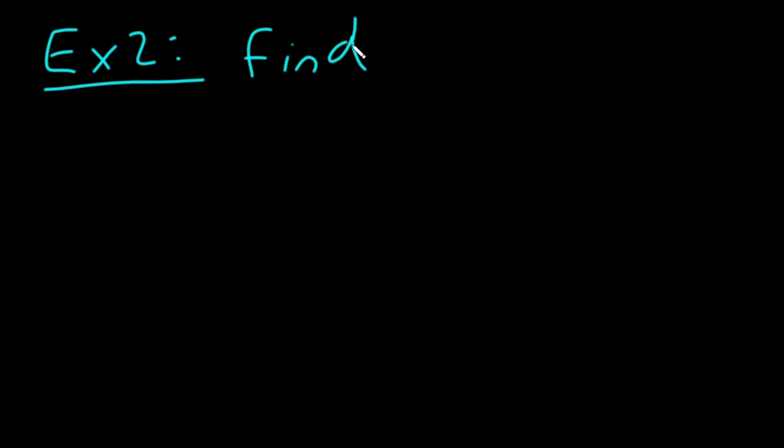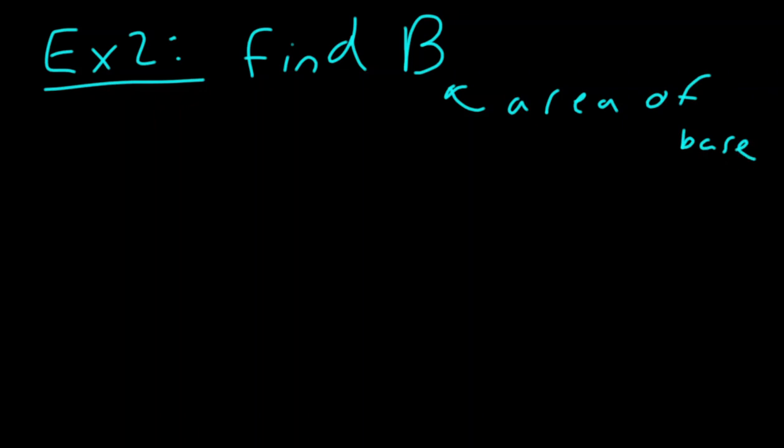And this will bring us to example 2. So for example 2, I want you to find, and I'm just going to shorthand this, the capital B, which we know stands for the area of the base.